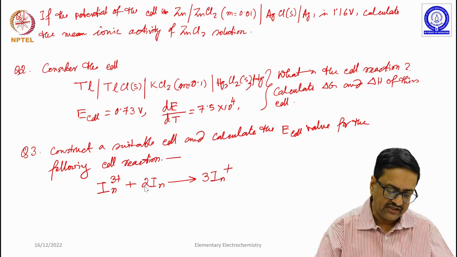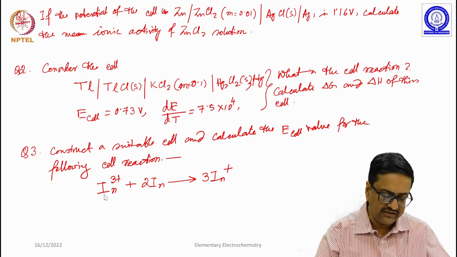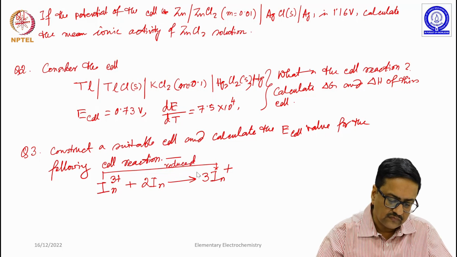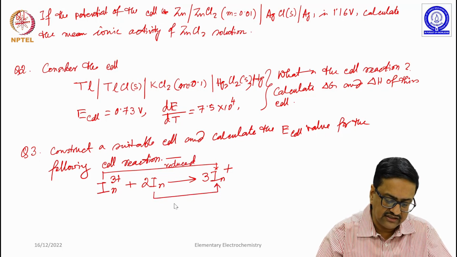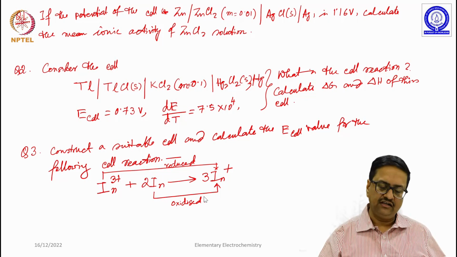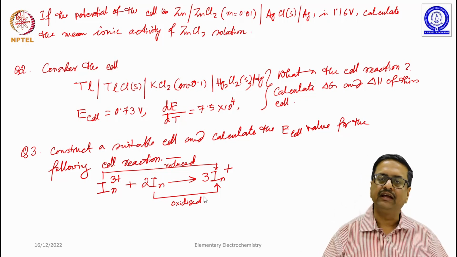See here, what is happening is the same element indium is getting reduced and here it is getting oxidized. So you can understand that both the electrodes will have system of indiums.